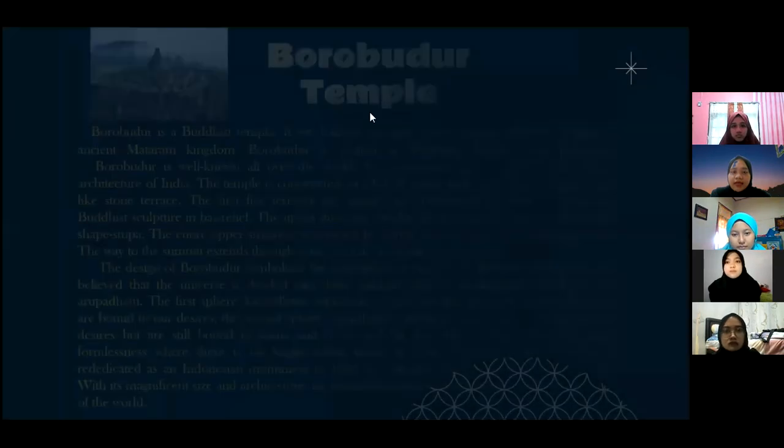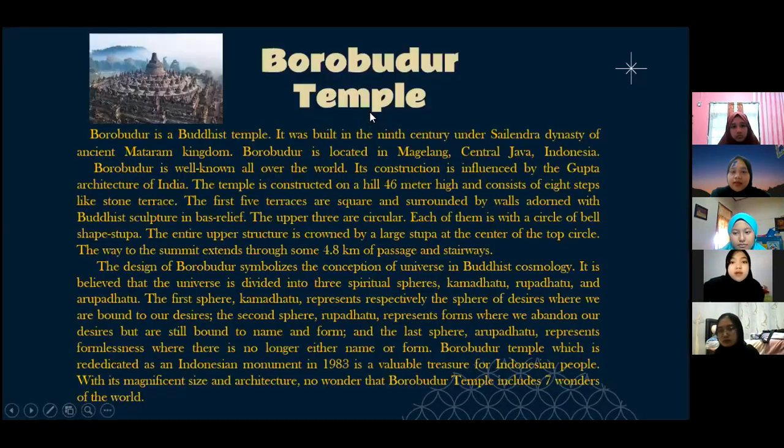So please, I will give you two examples of the text. So anyone, can you see? Yes, I do, Miss. Okay. So Fatia, can you read the title? Yes, the title is Borobudur Temple.